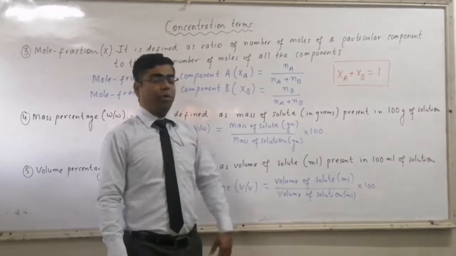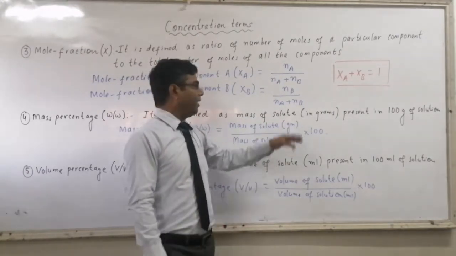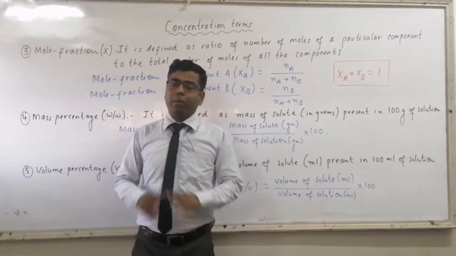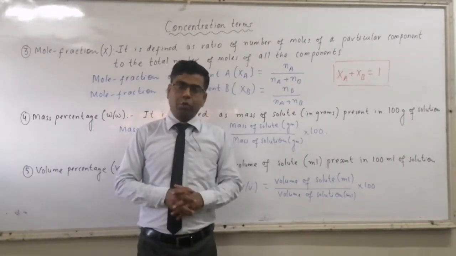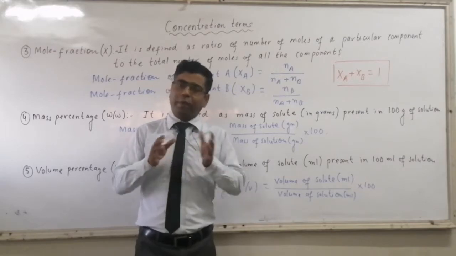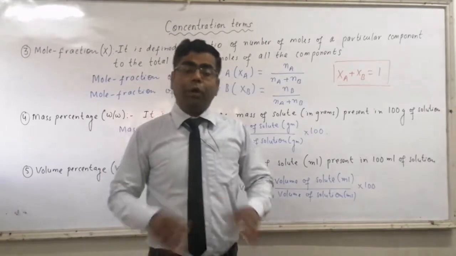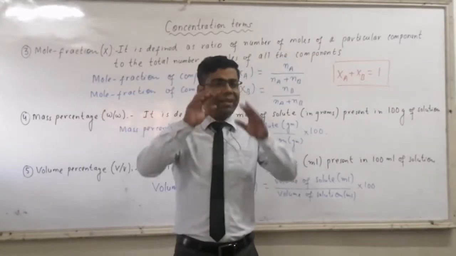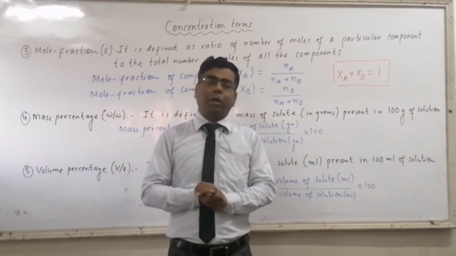So if we want to find the mole fraction of A, it will be the number of moles of A divided by the total number of moles. For B, it will be the number of moles of B divided by the total number of moles.